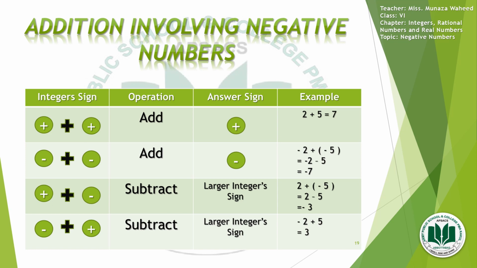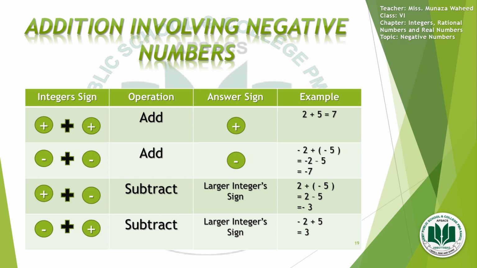Here you have to remember just two rules. While adding the integers with like signs, add and keep the sign. For example, when we add positive 2 and positive 5, the sum is equal to positive 7. And when we add negative 2 and negative 5, the sum is equal to negative 7.